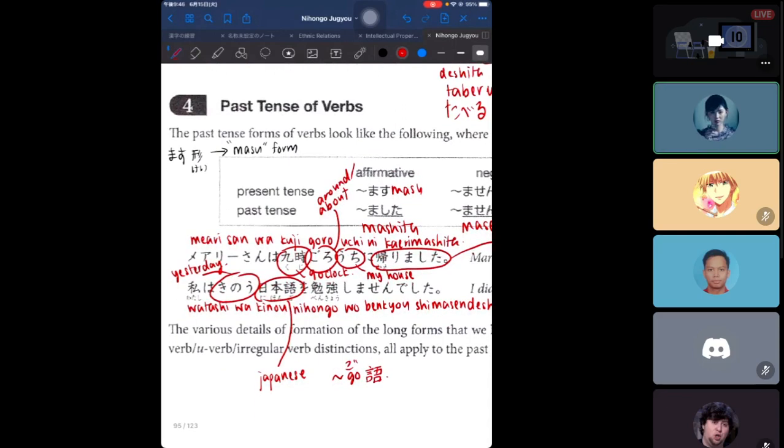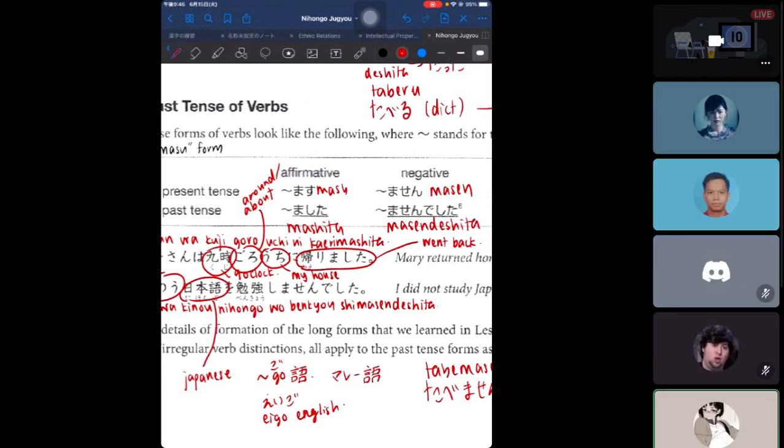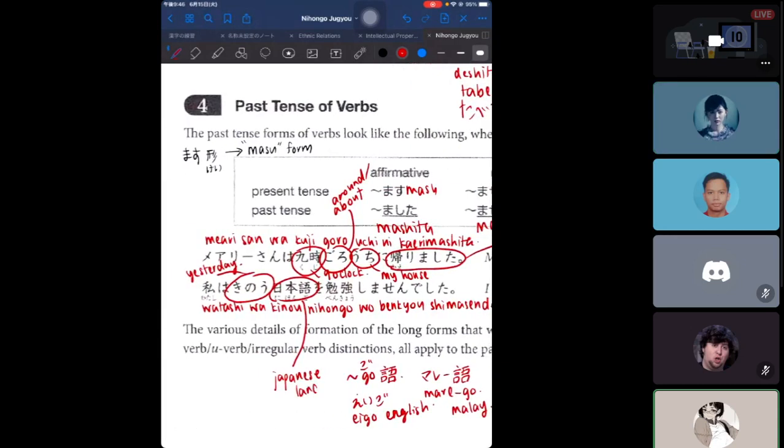It can be 英語, which is English, or マレー語, which is Malay. So this one is Nihongo, the Japanese language.